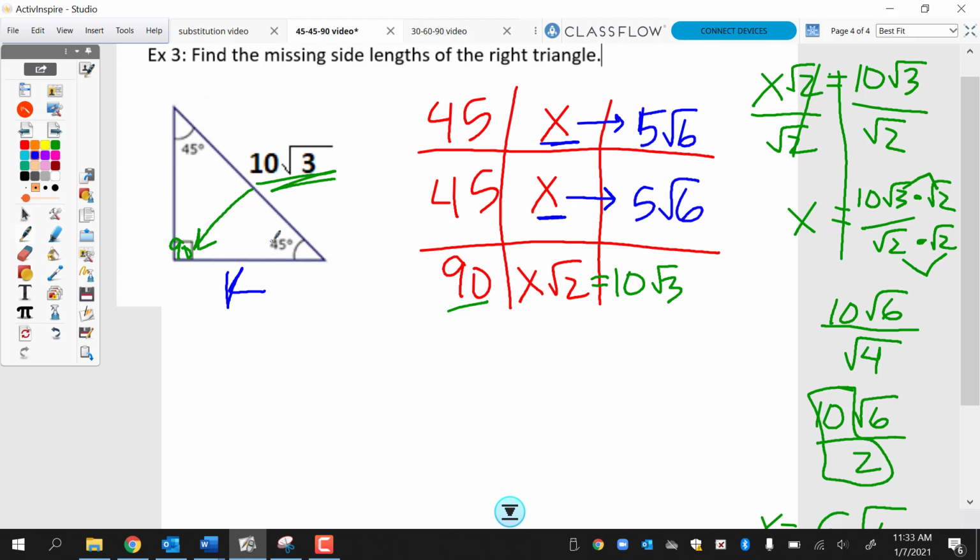I look at my chart. Which side did I want? I'm going to say in this one, I want side K. K is across from a 45 degree angle. We said the sides across from 45 are 5 square root of 6. So the final answer is K equals 5 square root of 6. That is the answer. That's the side we want.